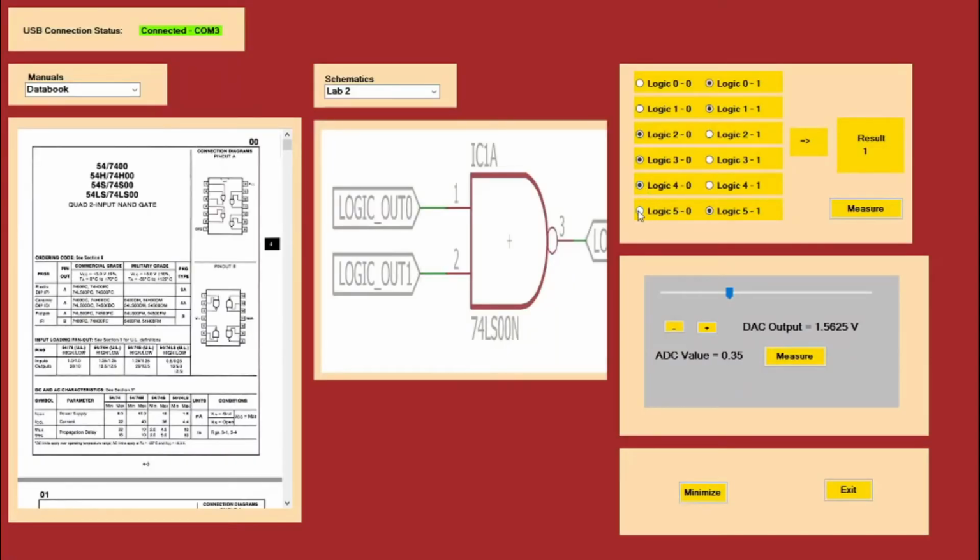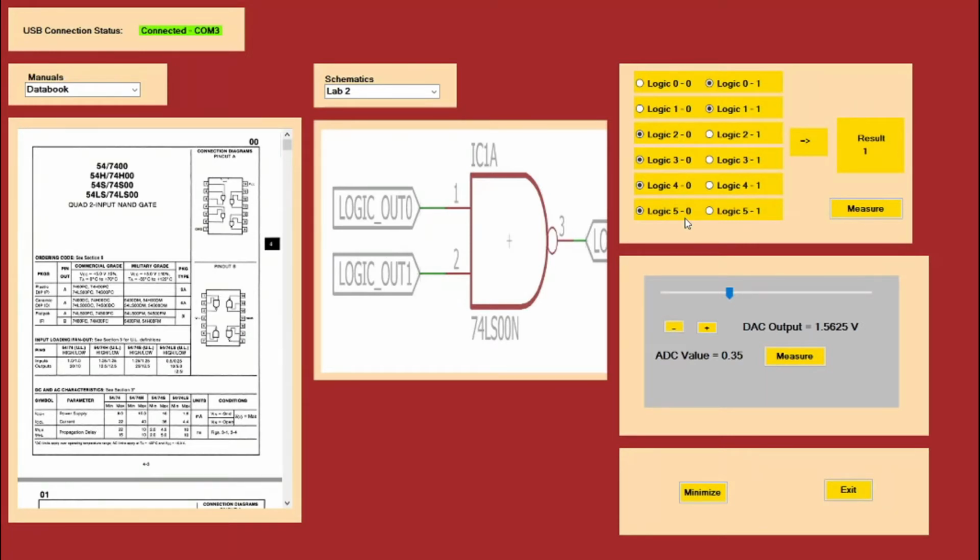The demonstration for lab number 2. I'm going to use logic bits 3, 4, and 5 for my inputs, and logic bit 5 is going to be my A. So we're doing A ANDed with B or C, and B or C are in brackets, so you have to do that operation first.